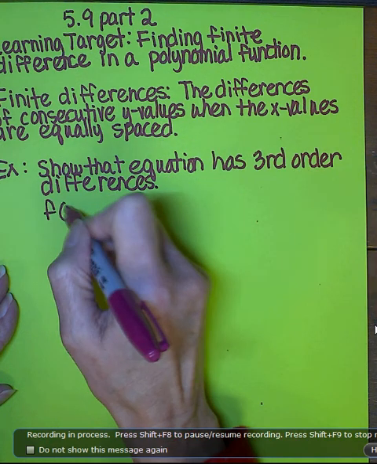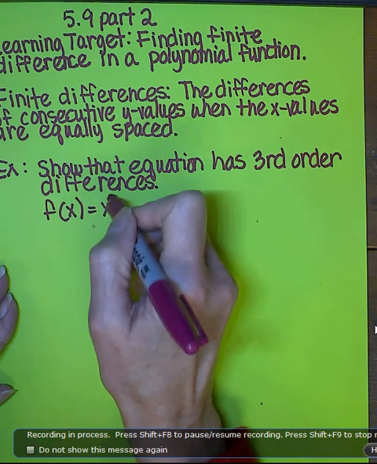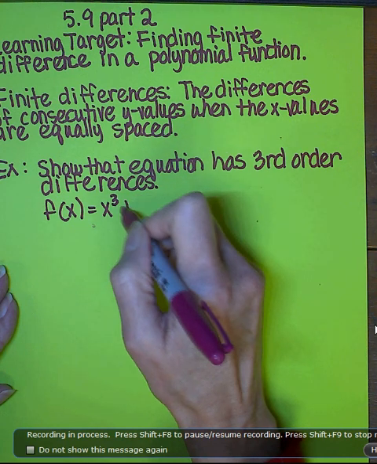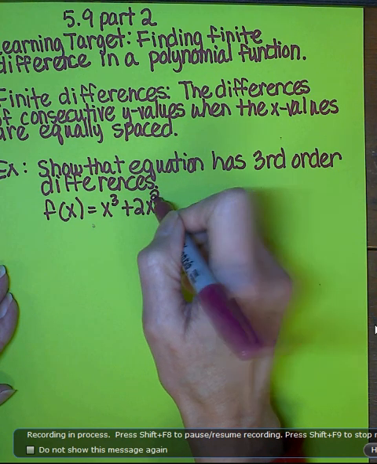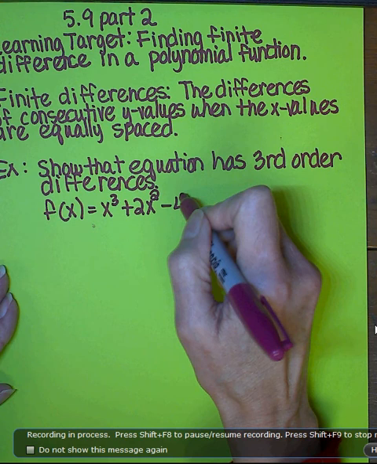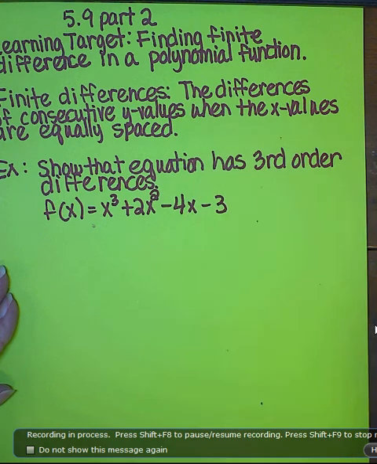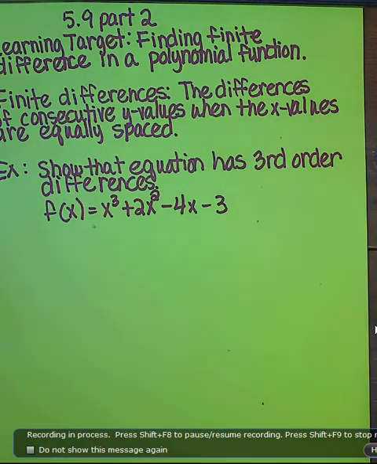So here's our equation. And we're going to show that it has third order differences this way.